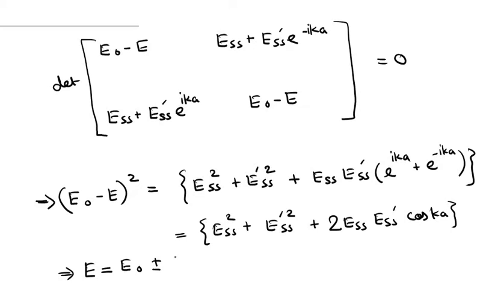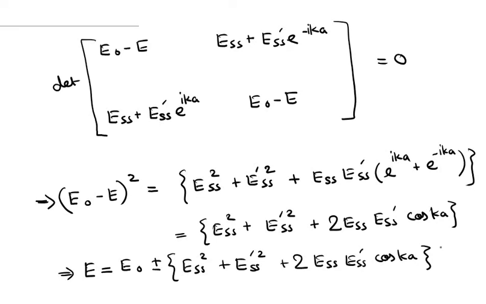So plus minus ESS square plus ESS dash square plus 2 ESS ESS dash cos k a, whole to the power half. So we note that we get the solutions of two bands over here. One with plus sign gives rise to an energy band, and another with minus sign gives rise to another energy band.